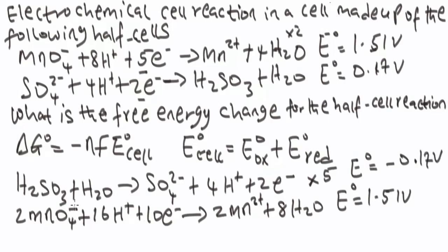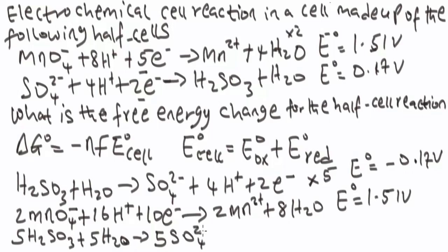So when you multiply the oxidation half reaction by 5, you're going to have 5 sulfurous acid plus 5 water, yielding 5 sulfate ion plus 5 times 4, which gives 20 hydrogen ion, plus 5 times 2 electrons, which gives 10 electrons.